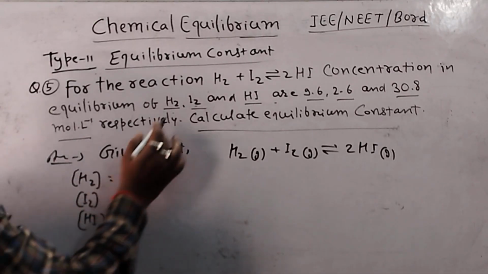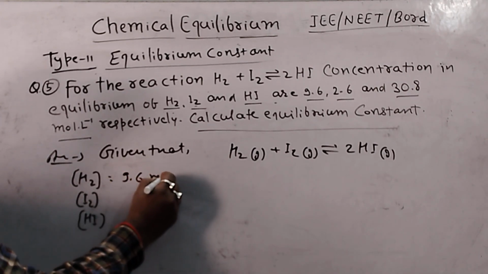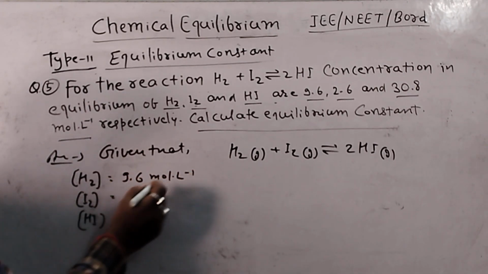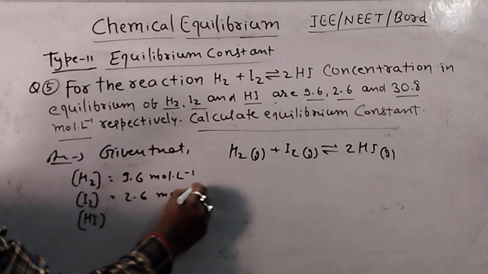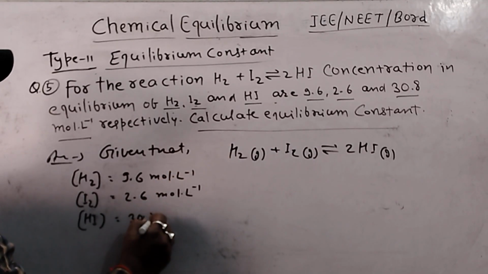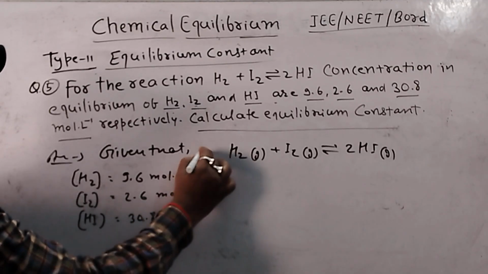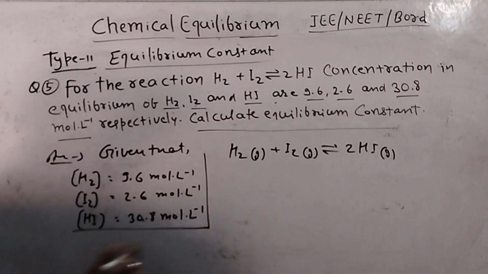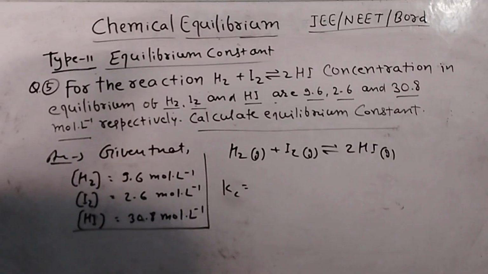For 1 mole of H2, concentration 9.6 mole per liter, I2 2.6 mole per liter, and for HI 30.8 mole per liter. So according to the given data we can find the equilibrium constant for concentration.